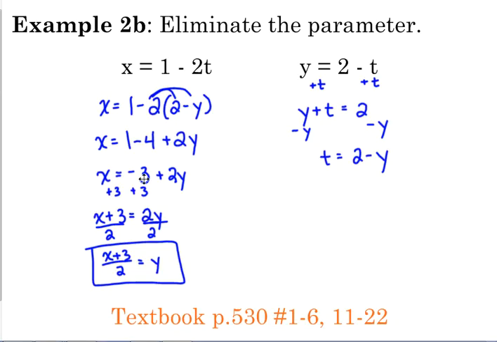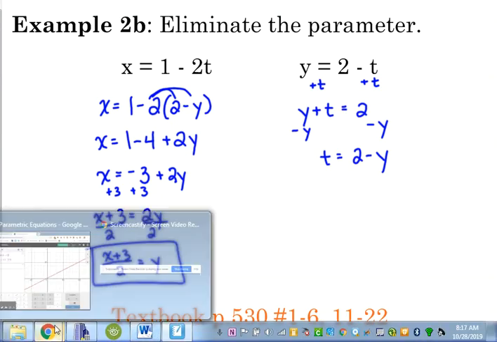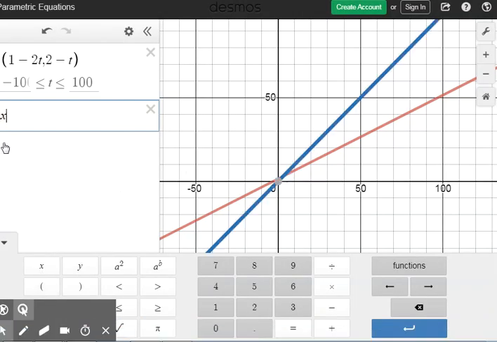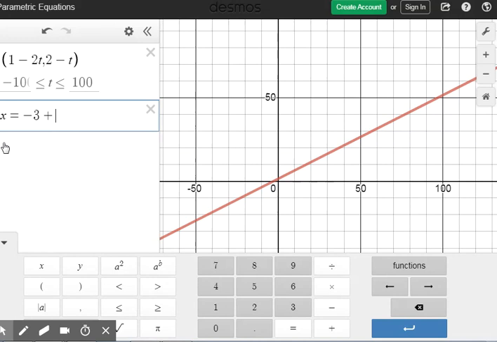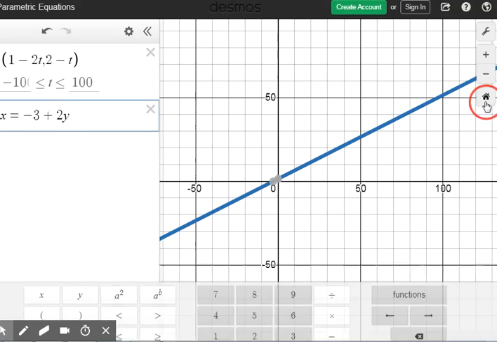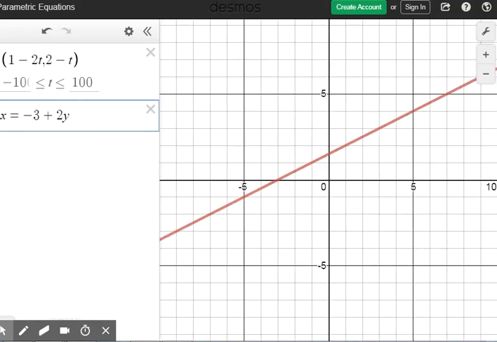Say I didn't solve my equation for y. Say I just left it right here. X is equal to -3 plus 2y. Guess what? It'll still graph it for me. I don't have to have it solved for y. And look, another good thing about Desmos is I can graph in parametric form and in rectangular form, and I don't have to change my mode or anything like that.